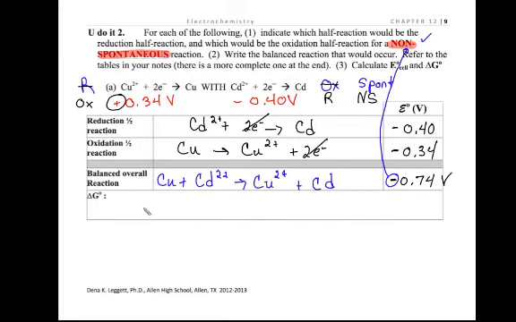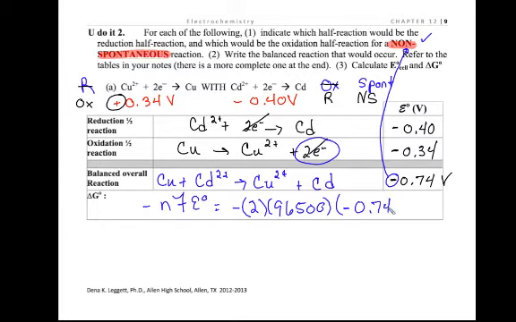My delta G is equal to minus n F E0, which is minus 2 because there were 2 electrons involved, after you balance, times 96,500, and then times minus 0.74 volts.